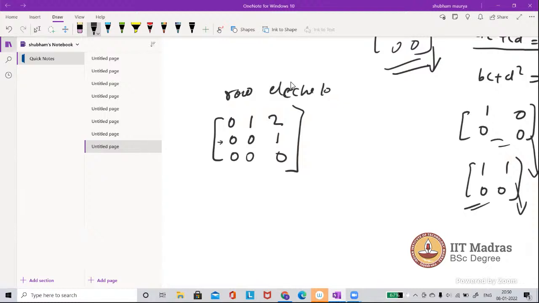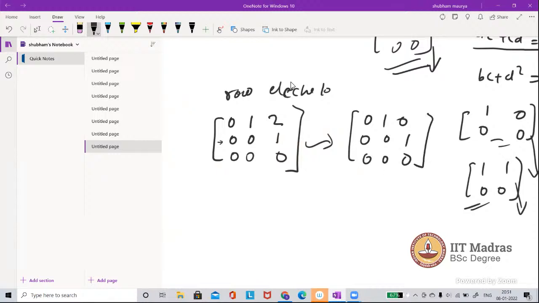But above the pivot element, there is still a non-zero element. So it is row echelon form. Now, if that 2 is also 0, then it is reduced row echelon form. Reduced row echelon form is also row echelon form. So if you do it like I am writing like this. Now suppose this is like this.